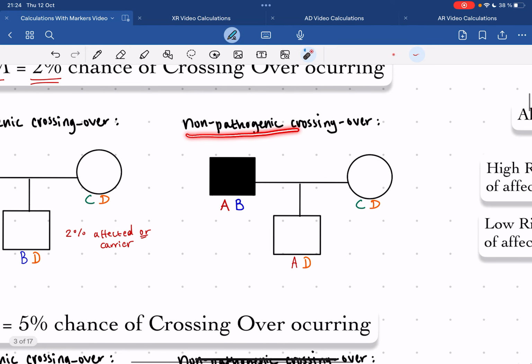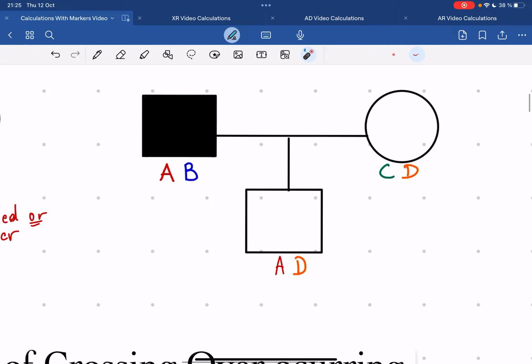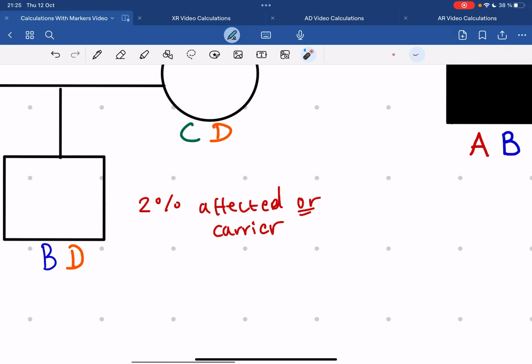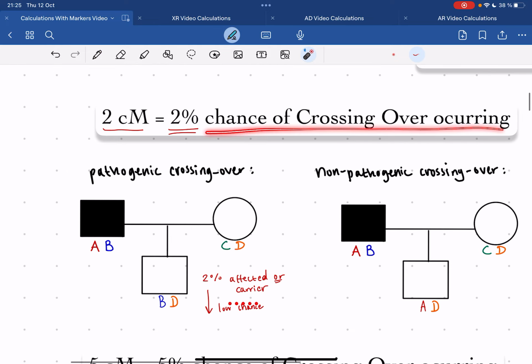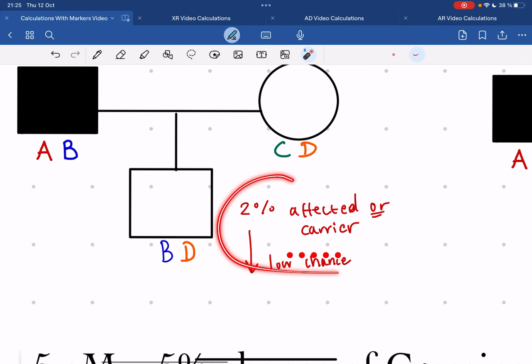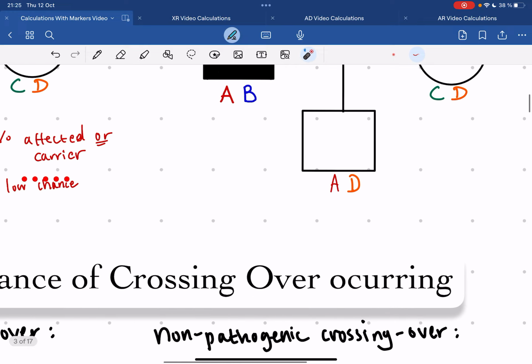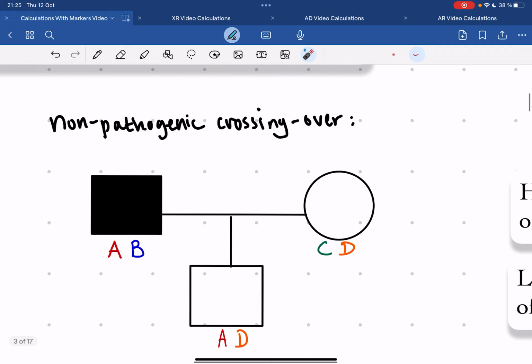If non-pathological crossing over occurs, let's talk about this first. This is a low chance of affected. Low chance, because there's a low chance that the crossing over has occurred, right? So we have a low chance of this person being affected or a carrier. Here, we would have a high chance.